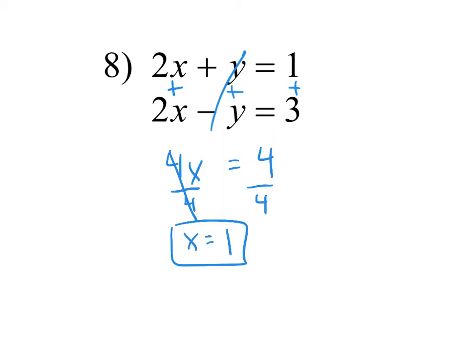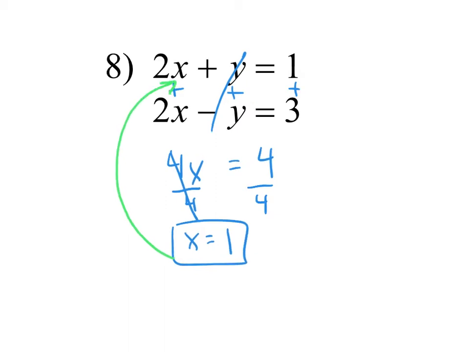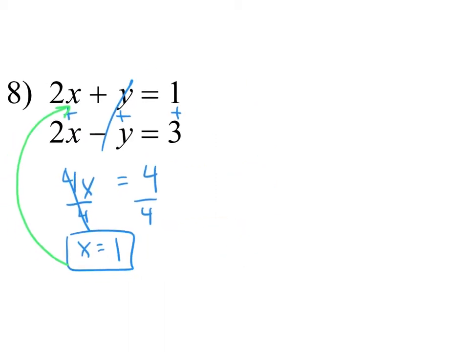How do we find y? What do we need to do? Plug it into one of the equations. Let's plug it into the first one. So we have 2 times 1 plus y is equal to 1. First we need to multiply. 2 times 1 is 2. So 2 plus y is equal to 1.